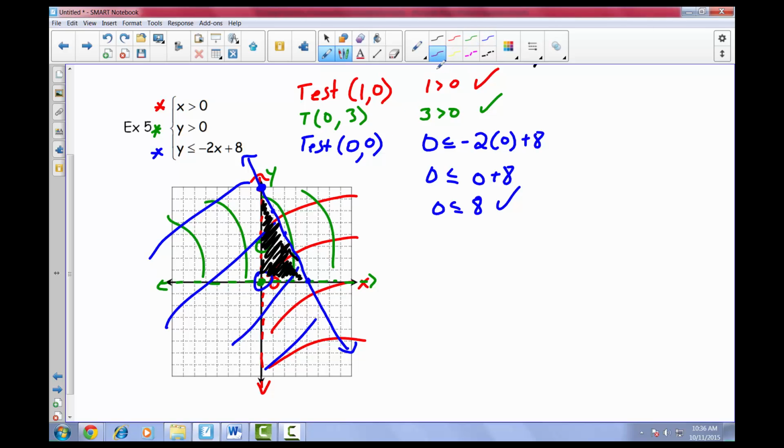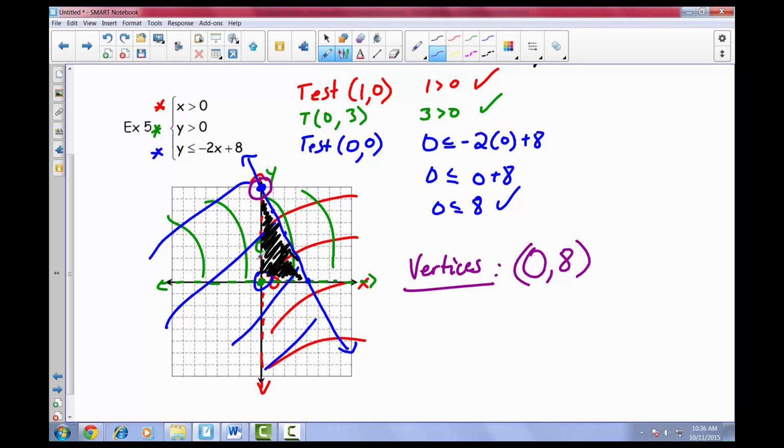Now, looking at the vertices in terms of the graph, we can actually just see specifically where they're at. For example, right here, we see an intersection between our blue line and our red line. That point happens to be at 0, 8. So for our vertices, we have the point 0, 8.